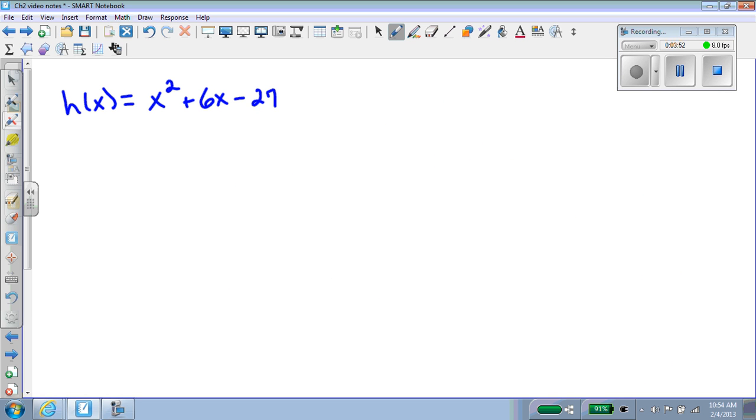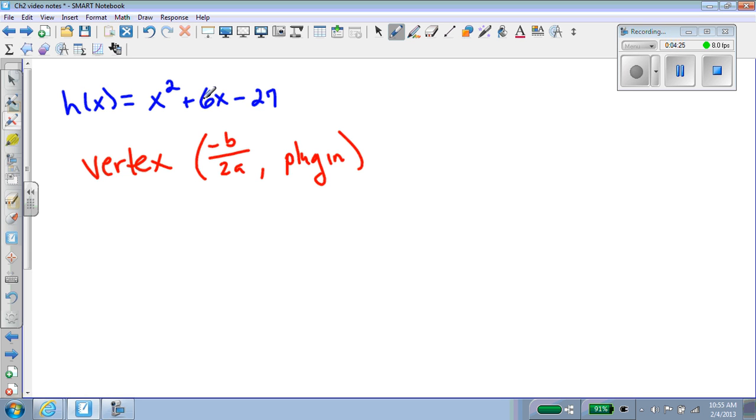This quadratic isn't being as informative as the prior two, so I may need to develop some new techniques. My vertex, since it's not in transformation form, I can use, and hopefully you'll remember this, that the vertex is at the opposite of b over 2a, and then you plug that in to find the y-coordinate of the vertex.